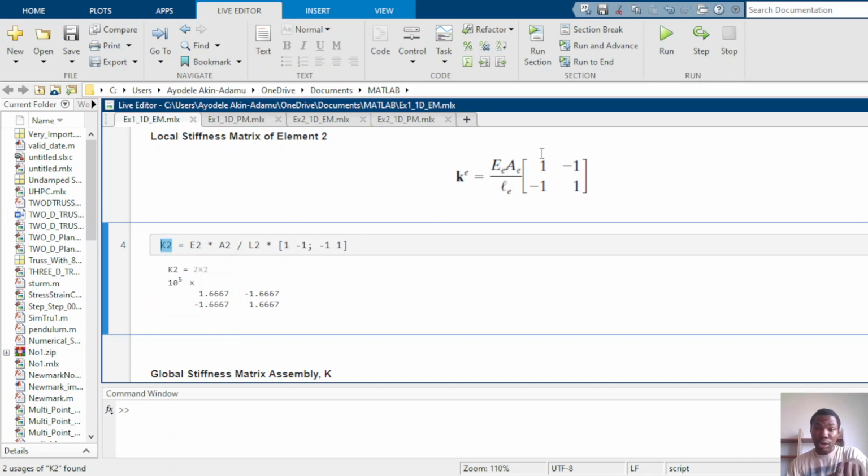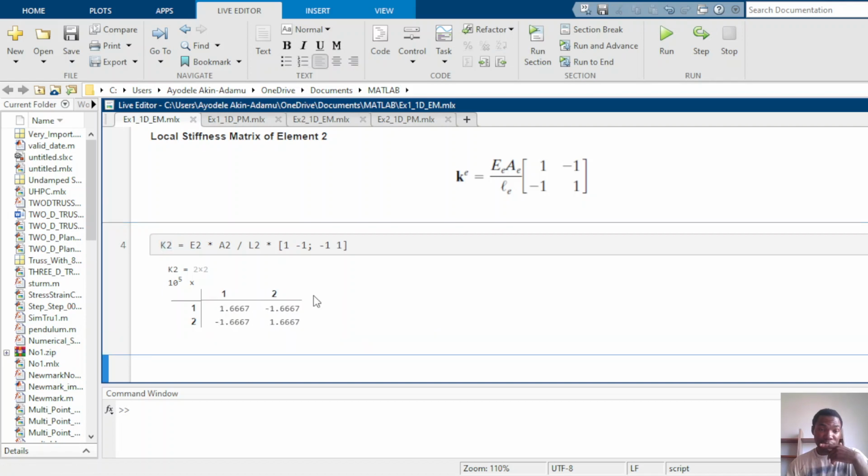I write the code and I click on run. K2 also gets calculated and gets stored in the MATLAB memory. So this is my K matrix, the 2 by 2 matrix, 1.66 times 10 raised to the power 5 at position 1, 1, like that.